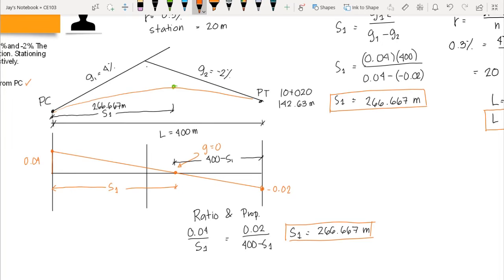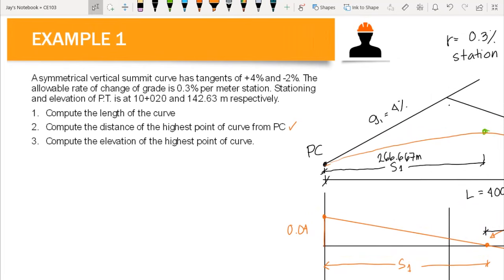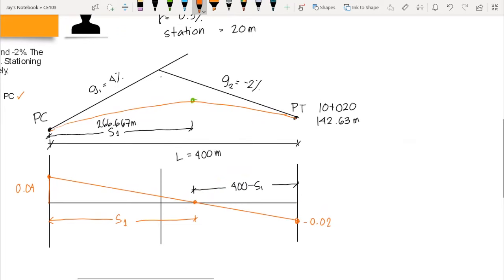For our third question, we are asked to compute the elevation of the highest point of the curve, the height or elevation of this point, which is our summit. Again, from the properties of a symmetrical curve, looking at the grade diagram, the vertical distance between 2 points on our curve is equal to the area between 2 points in our grade diagram.